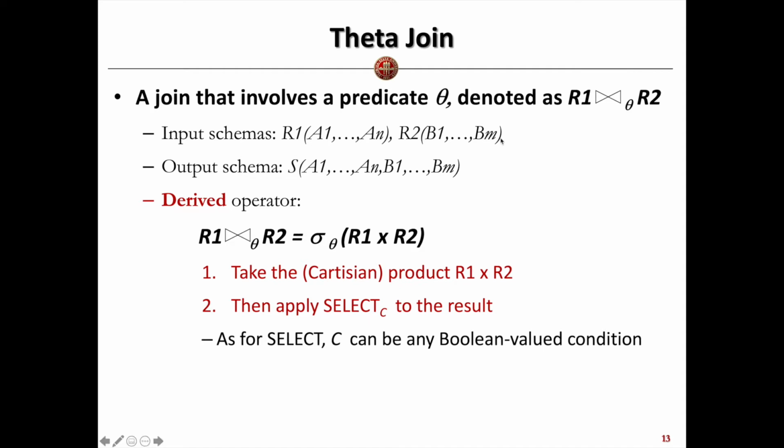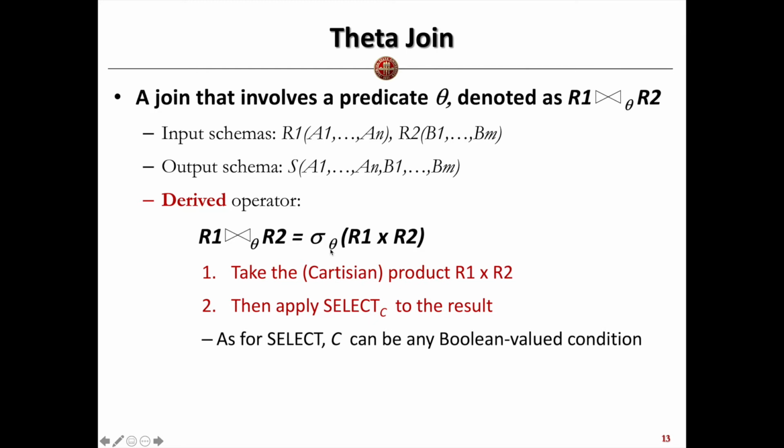So what does this theta join mean, and how do we derive it based on the basic operations? Formally, we can define the theta join as sigma theta, where theta is a condition, working on R1 times R2. You can see we do the product between R1 and R2 first, and then further do the selection on some conditions.